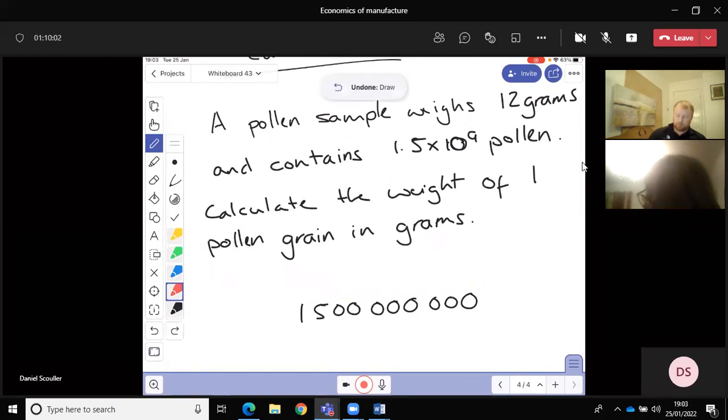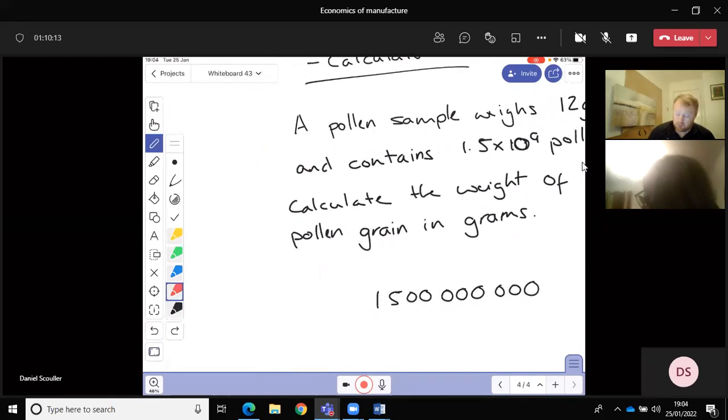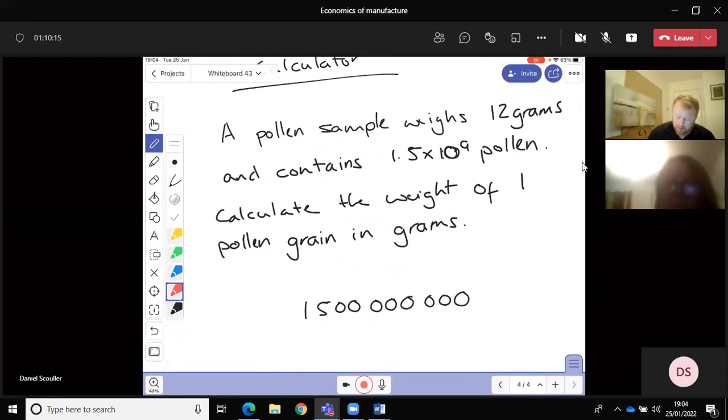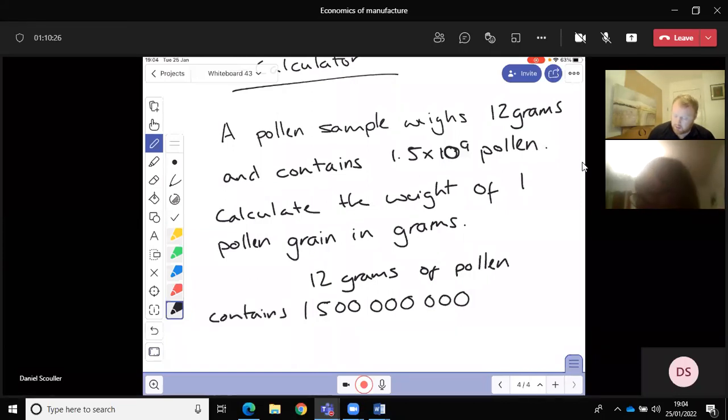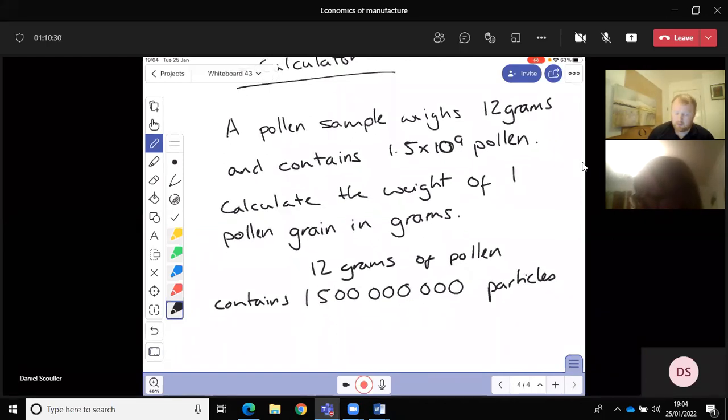So that's 1.5 times 10 to the 9 written out fully. Now you don't have to do that in the exam, I'm just showing you. So 12 grams of pollen contains that many particles of pollen.